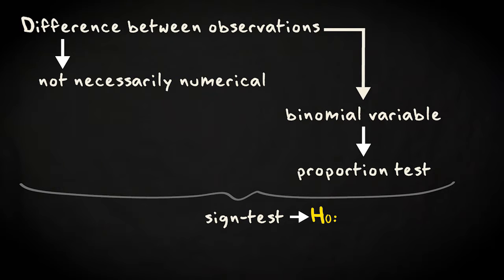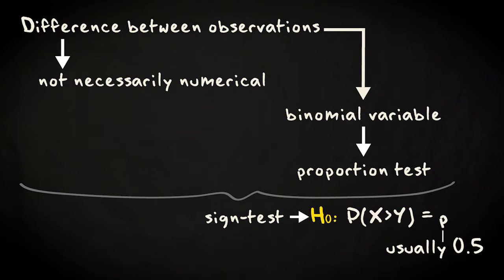The null hypothesis tested by the sign test is that the probability that x is larger than y is equal to a given proportion p. Here, x could be the judgment or score under one condition, or before a treatment, and y the judgment or score under the other condition, or after a treatment.